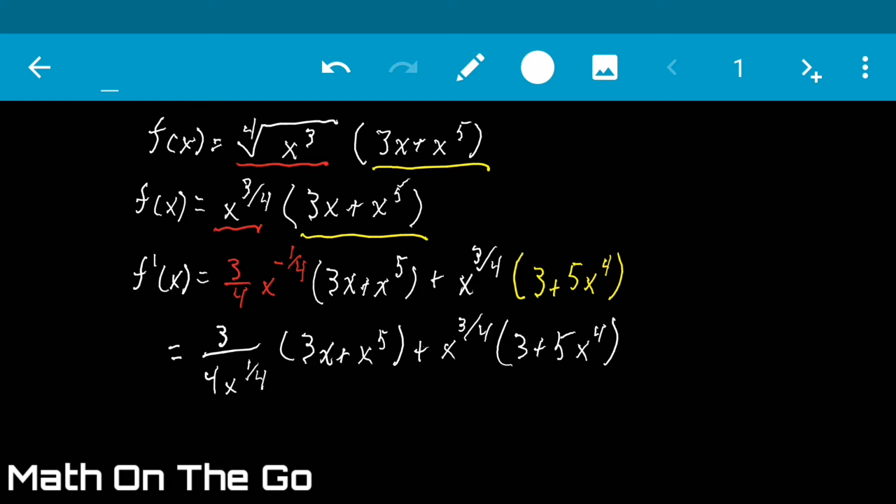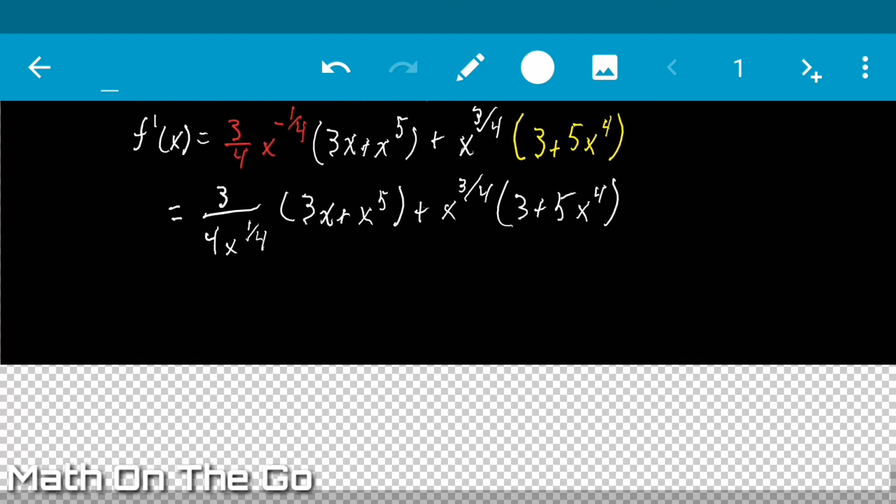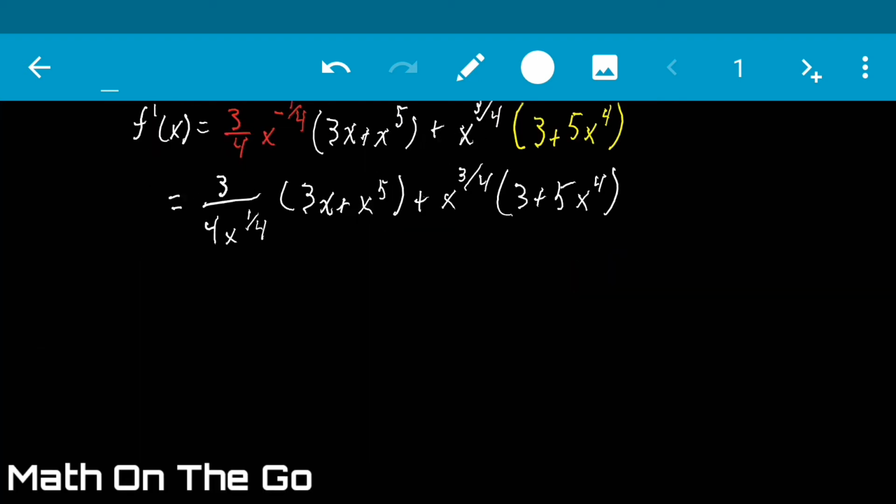All right. Let's just continue cleaning this up. Let's multiply this by this to get that nice and clean. So we end up with 9x plus 3x to the fifth over 4x to the 1/4, plus, and then we'll distribute this.